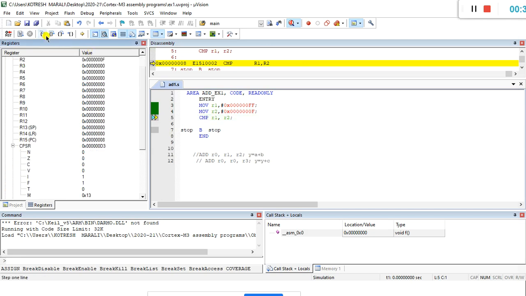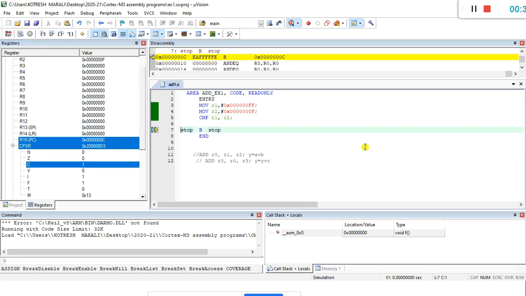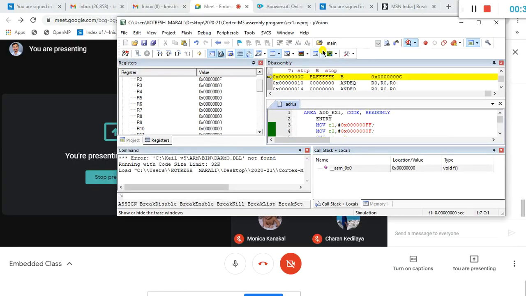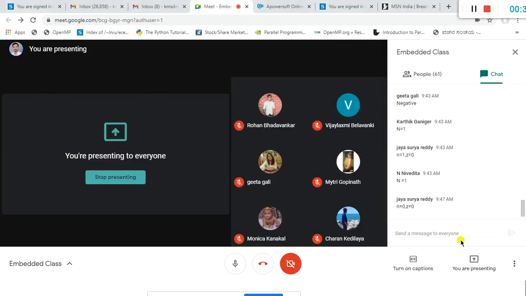Look at the status flag register. Only the carry flag is high. So what does it mean? When you perform a subtraction operation and you get a carry, that indicates the following.